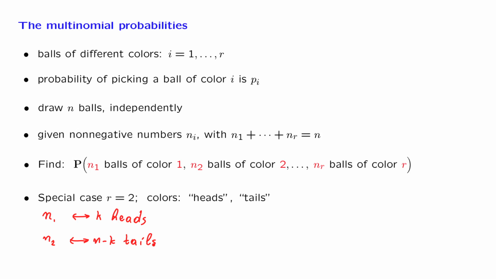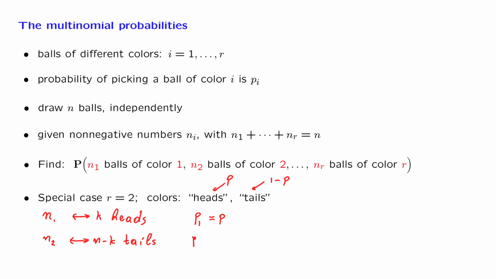So the question of what is the probability that we obtain k heads and n minus k tails is of the same kind as what is the probability that we get n1 of the first color and n2 of the second color. Now, if heads have a probability p of occurring and tails have a probability of 1 minus p of occurring, then we would have the following analogy. The probability of obtaining the first color, which corresponds to heads, is equal to p.